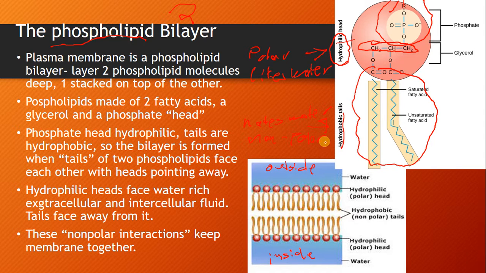The fatty acid tails will move in towards each other, making a hydrophobic region. The heads that love water, polar, hydrophilic, will flip outside towards the extracellular fluid, the water on the outside of the cell, or the water on the inside of the cell.